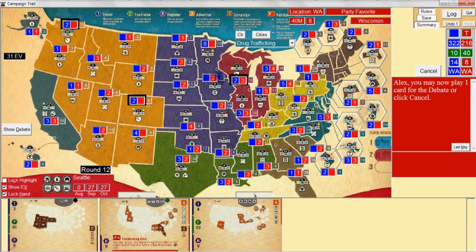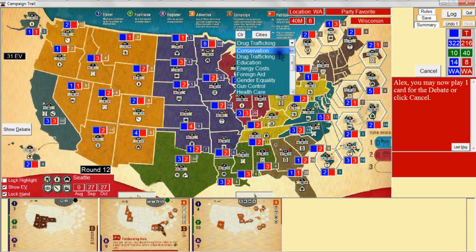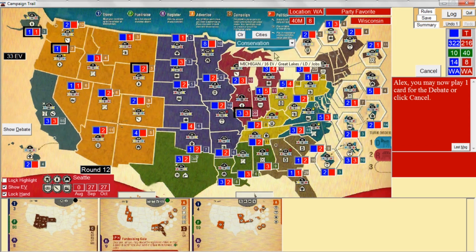She'd get 2 voters placed in conservation. That's looking pretty good to her. She'd get Oregon and Alaska and Illinois. But she doesn't need 2 voters. Even 1 voter would get her Illinois and Alaska. She has Alaska currently. She's tied, so it would just improve her stance in Alaska. All right, so that's one choice.